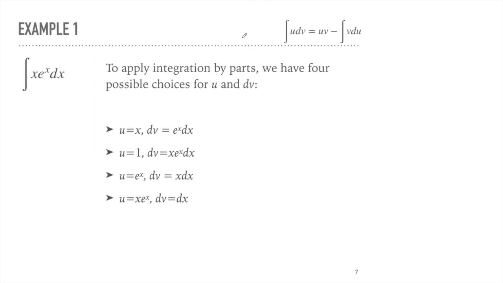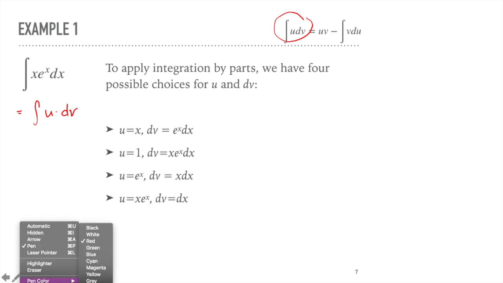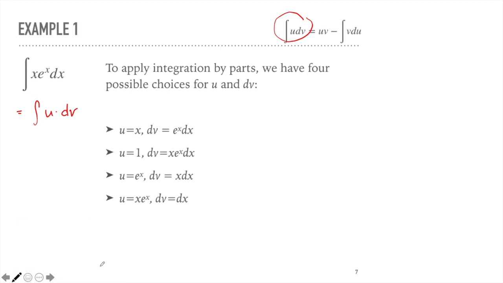So, what this is saying is that this integral of x times e to the x, we will write in this form, integral of u times dv. So, our challenge is, which of the functions in that product will we call u and which will we call dv. And there are 4 possibilities we can try in assigning our u and dv.